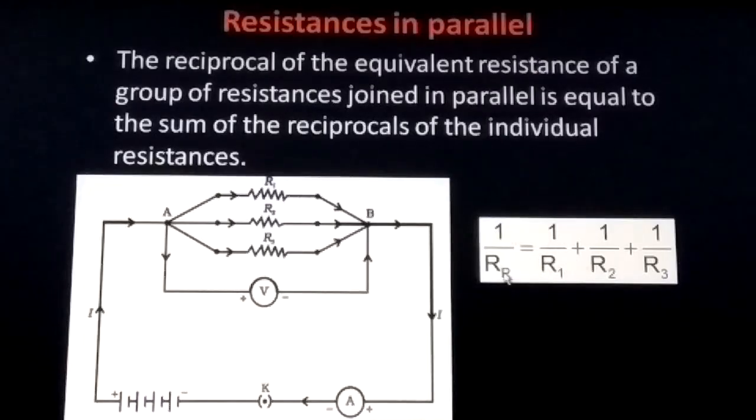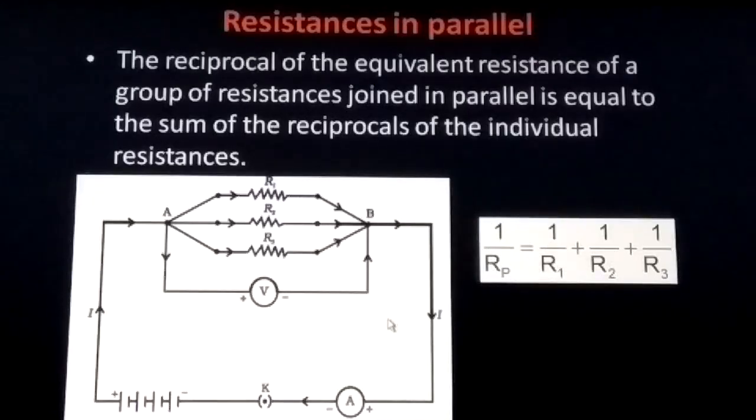That means 1 by Rp, here represented by Rp, where Rp means resistors in parallel, is equal to the sum of the reciprocals of the individual resistors: 1 by R1 plus 1 by R2 plus 1 by R3. In series, Rs equals R1 plus R2 plus R3, etc. Whereas for resistance in parallel, 1 by Rp equals 1 by R1 plus 1 by R2 plus 1 by R3.